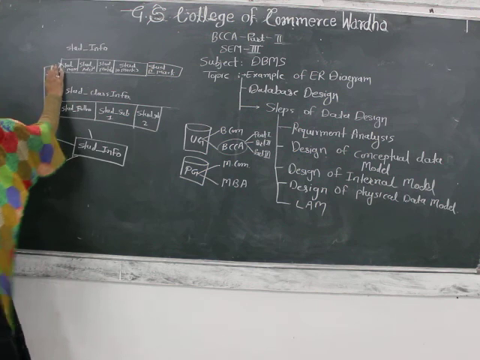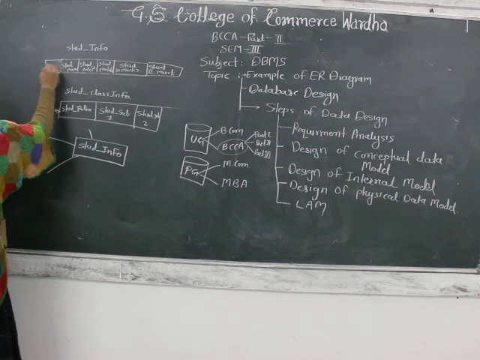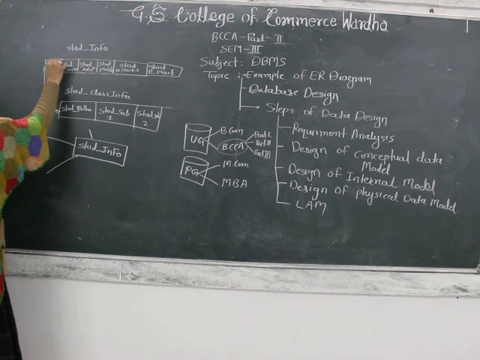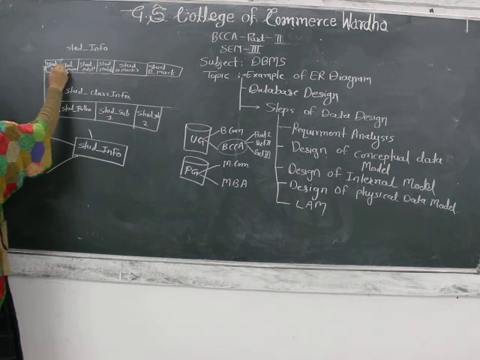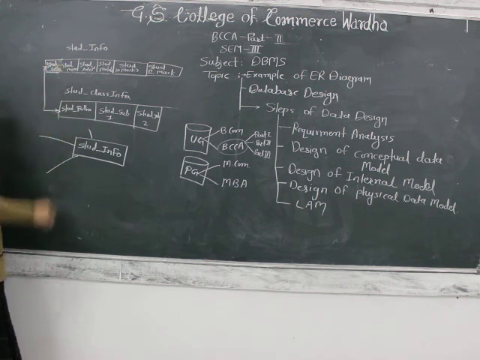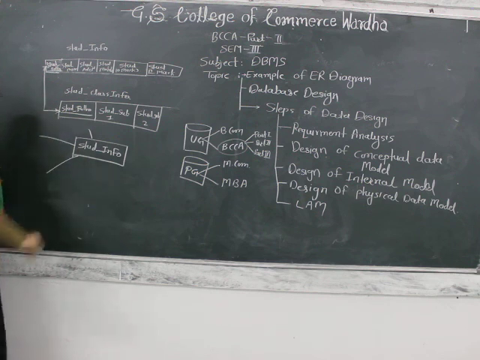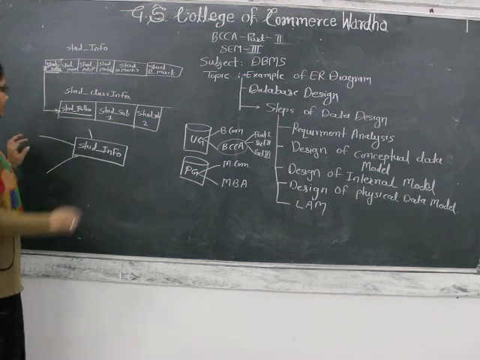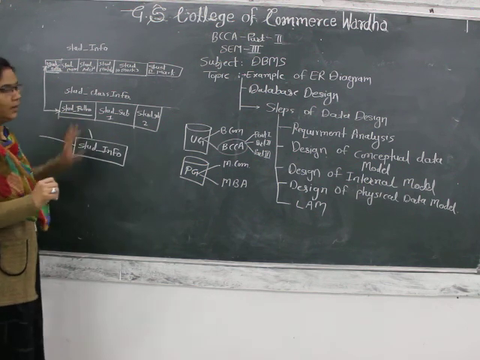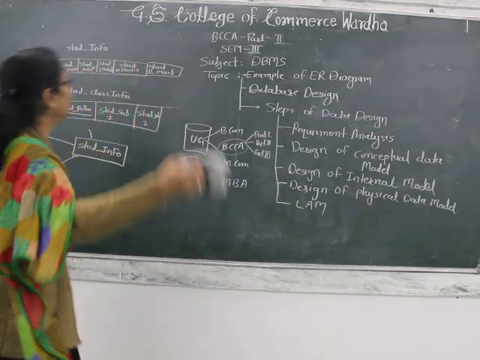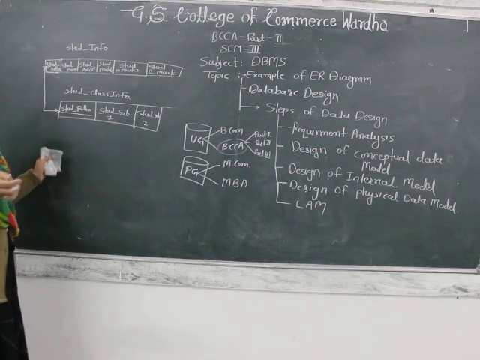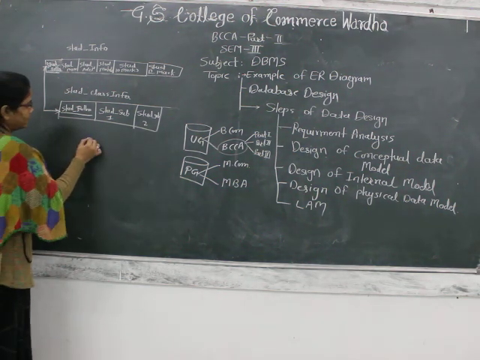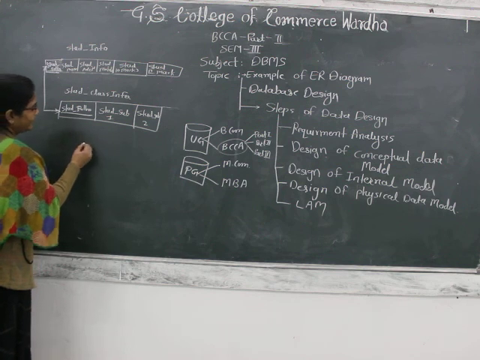So we have to add one more attribute here, stud roll number, which is the primary key in each entity. So we have to design the ER diagram for those two entities, which is decided by me also.